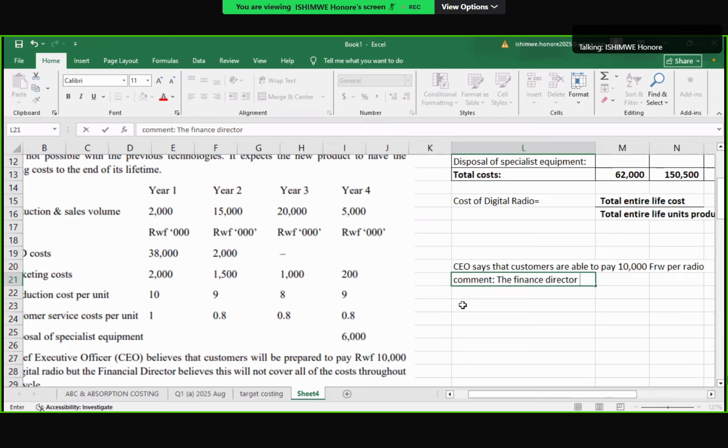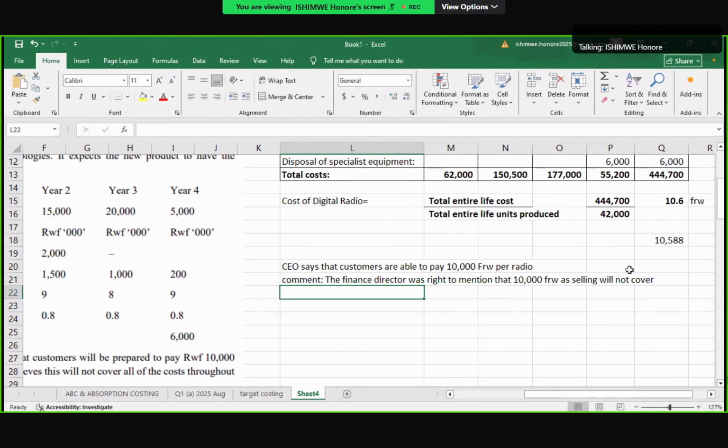So we can say the finance director was right to mention that 10,000 as the selling price will not cover the life cycle cost, as this selling price is below the cost.